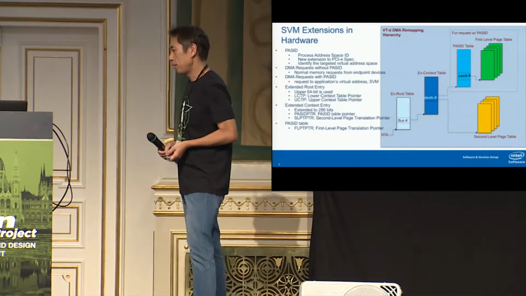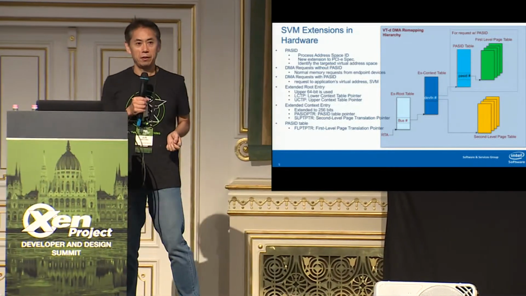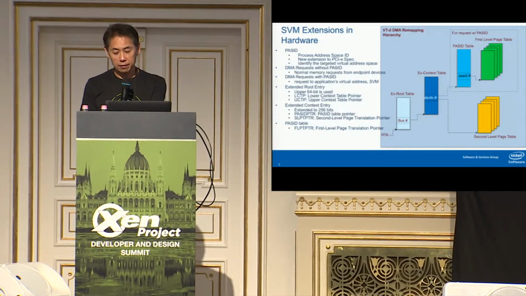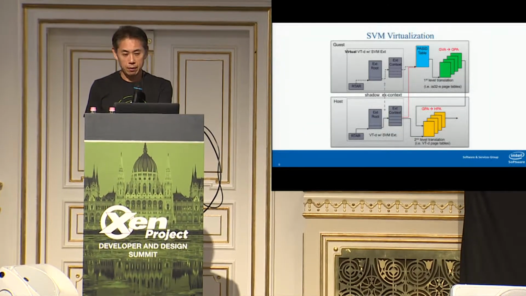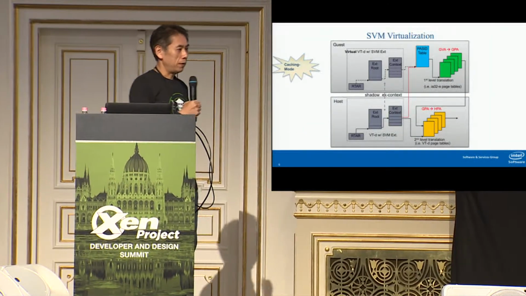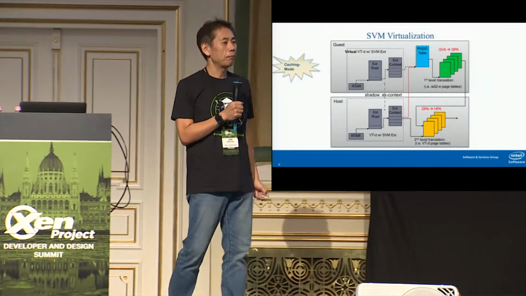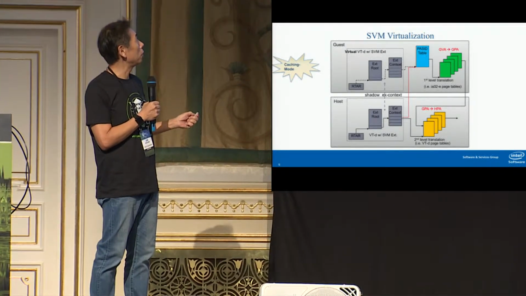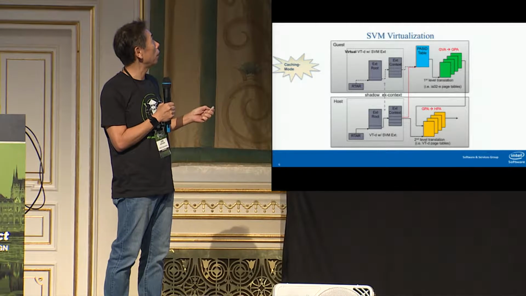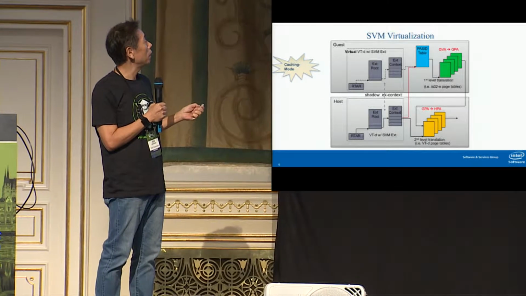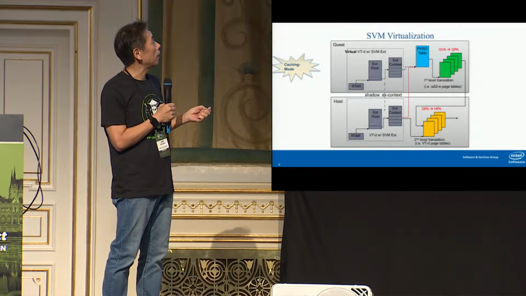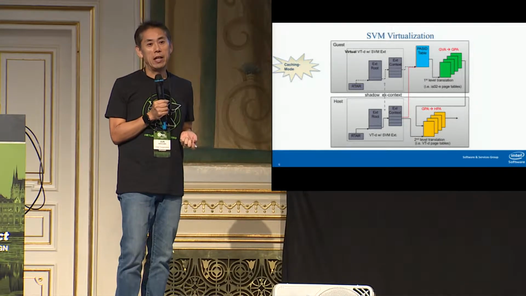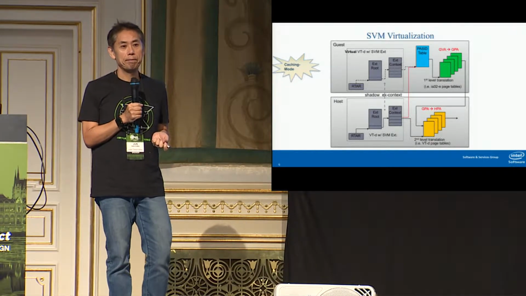If you do this in virtualization, it's a little bit more complex. The first thing is that you need to show this VTD inside a guest, so this is a nested VTD, okay?